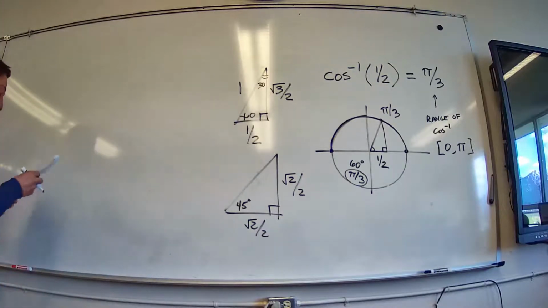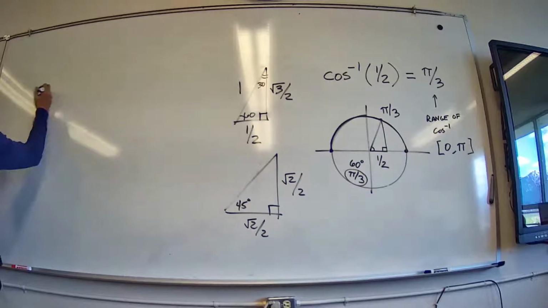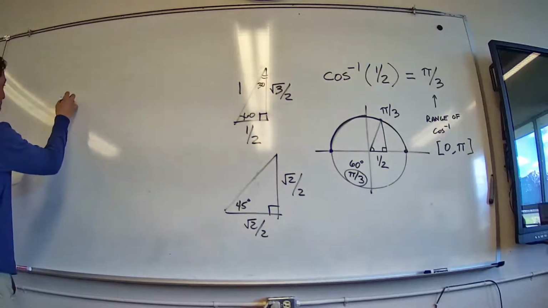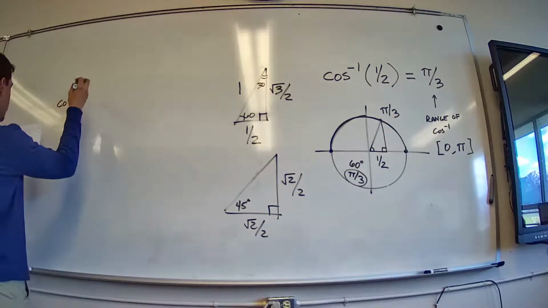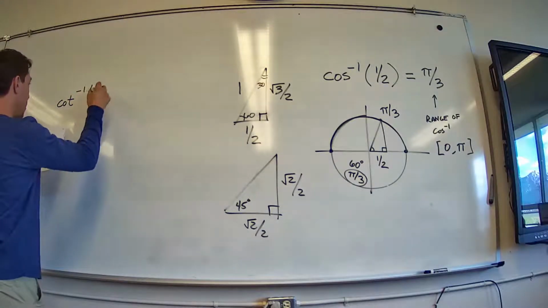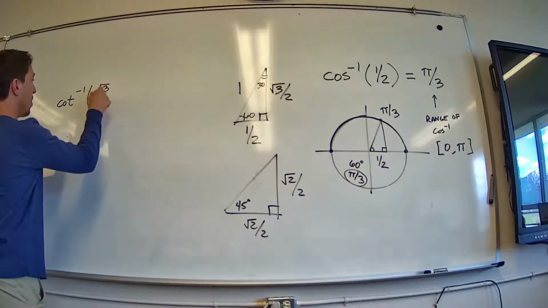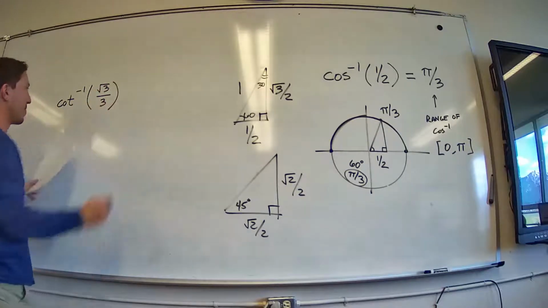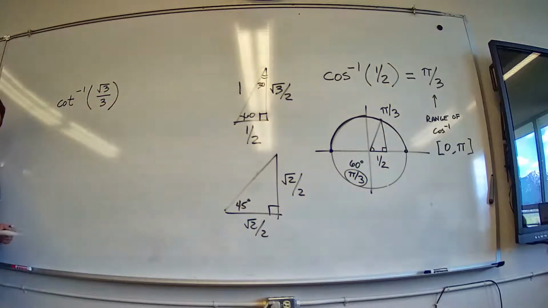Okay, so this one says, you got a few options here. Inverse cotangent of root 3 over 3. Let me show you.